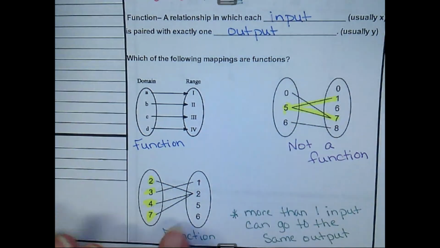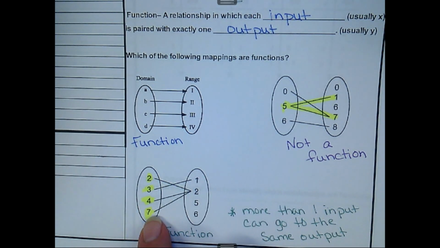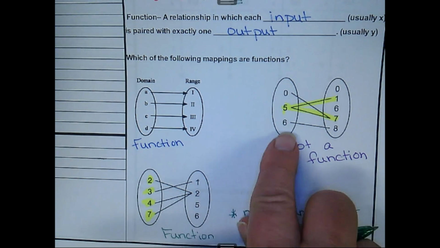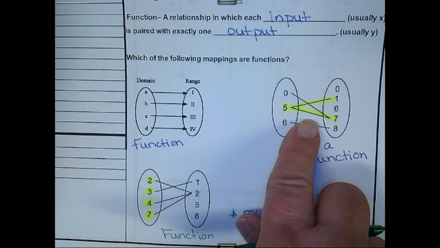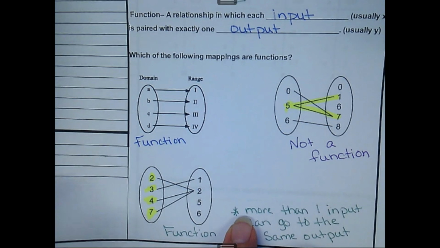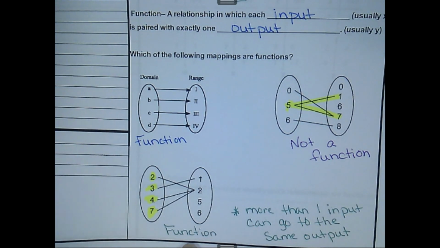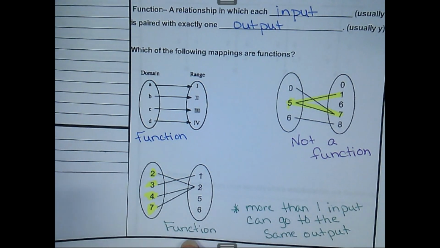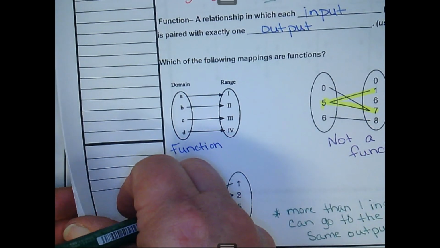So they can go to the same output, but they cannot have the same input going to 2 different outputs. So if you're still struggling, back the video up and go through it again.